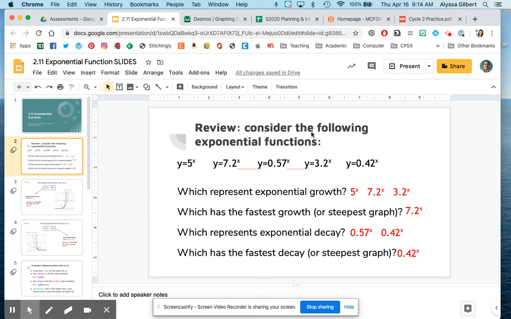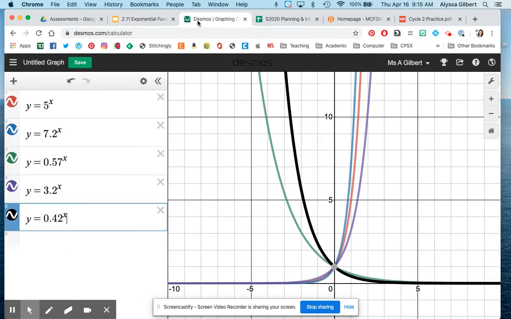So there's the answers right there for you. So which represent exponential growth? Well, the ones with the base that have a number bigger than 1. And if we look at those graphs, which one's the steepest? Well, you notice the blue one is going up faster and faster, right? It gets to 5 before the purple one gets to 5, right?